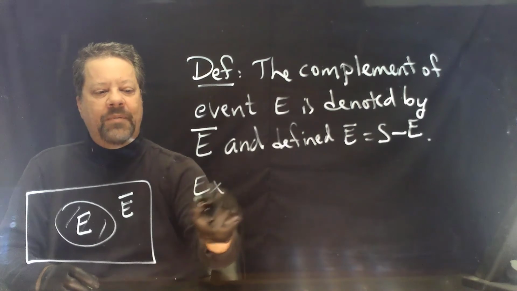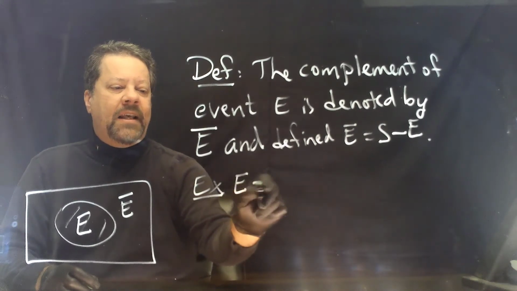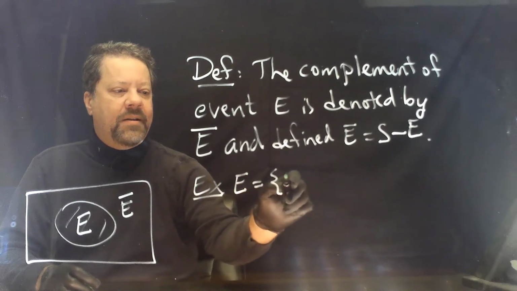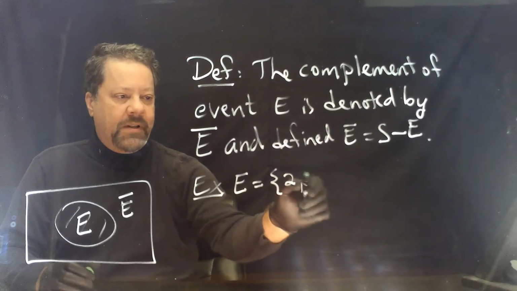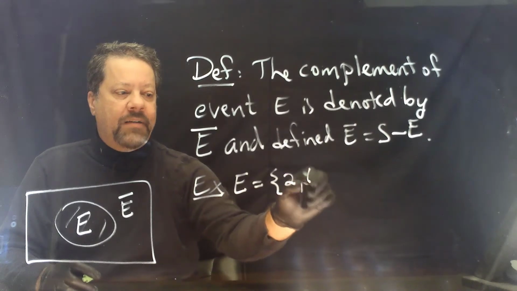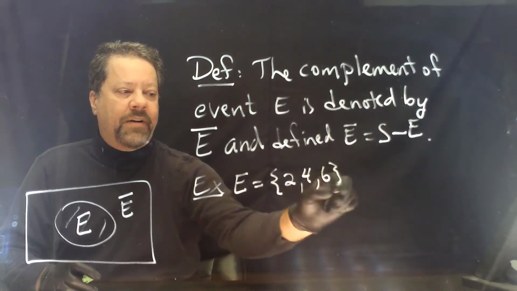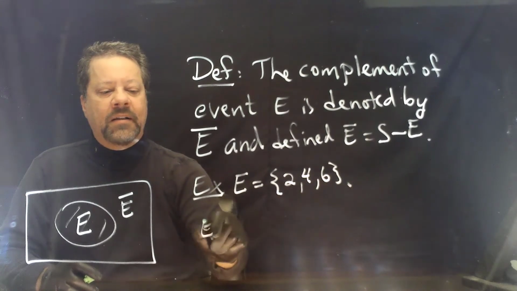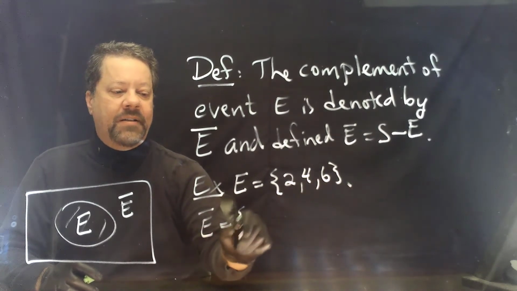As an example, suppose that event E is the event that I get an even number when I roll a fair die. Its complement is everything else.